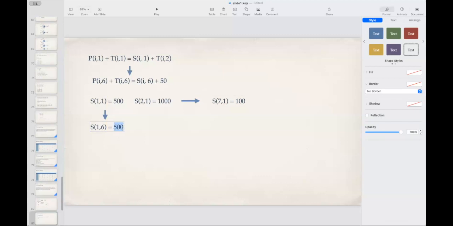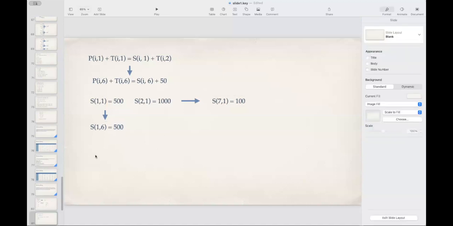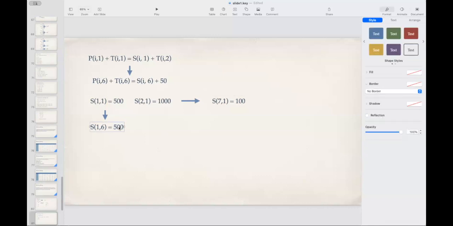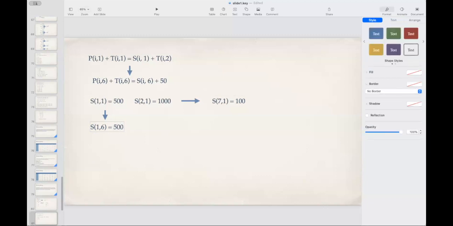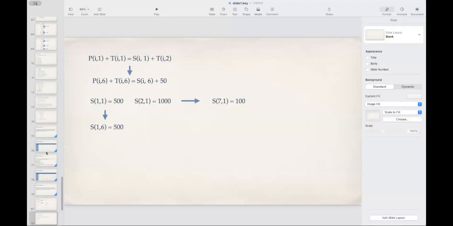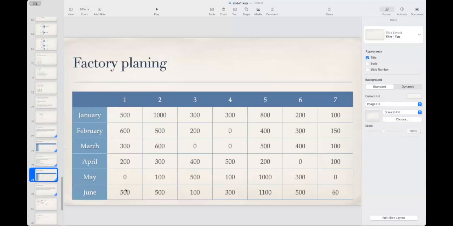Oh, really? Oh, okay. The dimension is the opposite way. This is 500, okay, good. Yes, 500, 200.